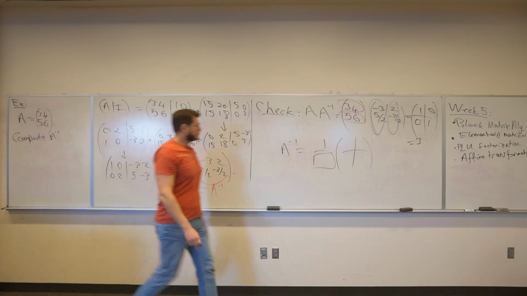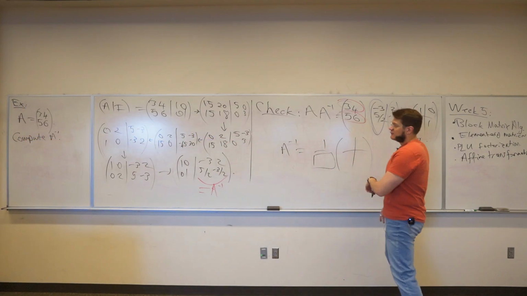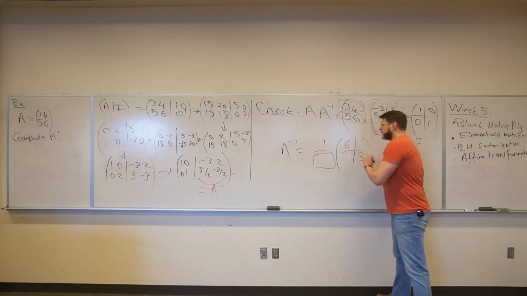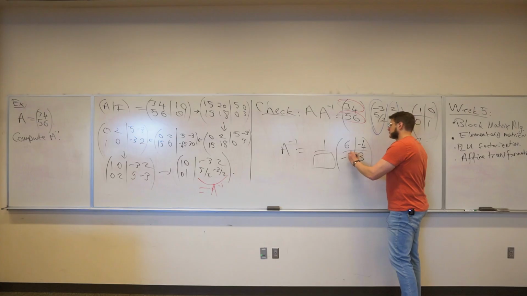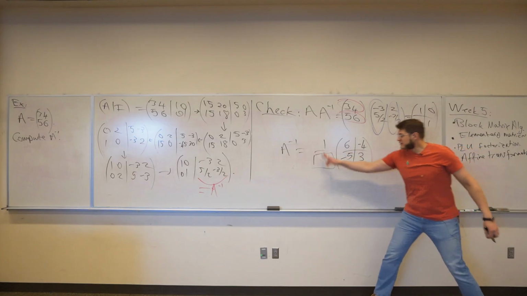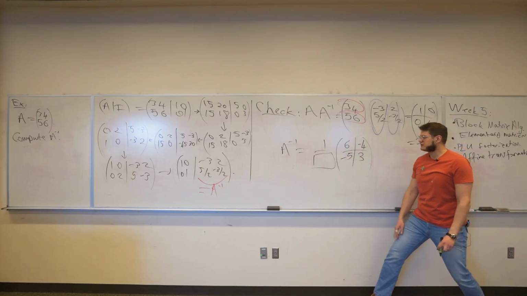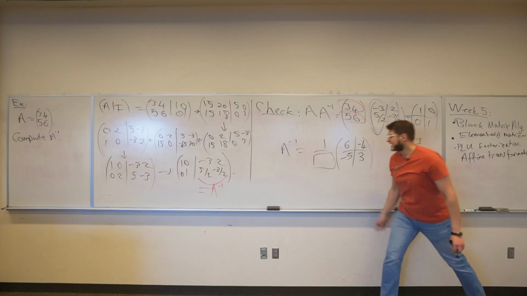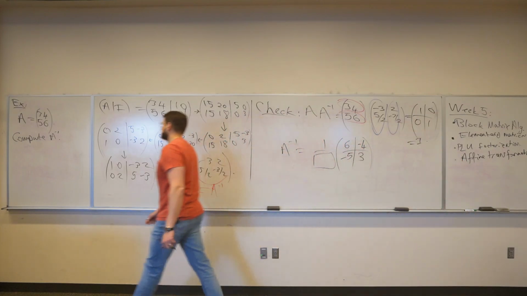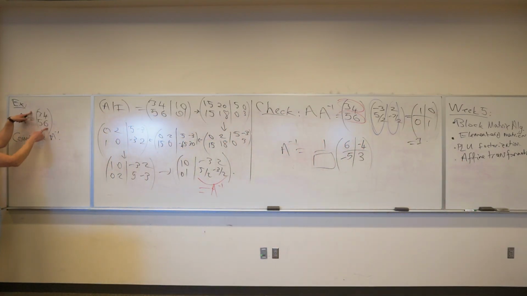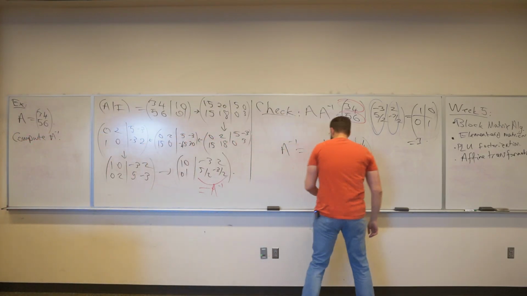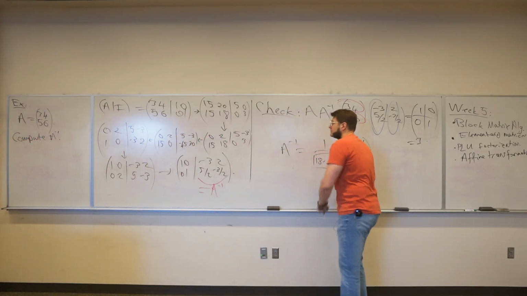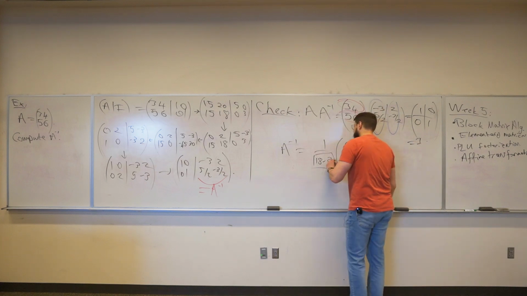So in this case, the 2 by 2 there is going to be 6, 3, flip the positions, and then the other 2 you're going to put minuses in front. But there's a 1 over some number here. You need to scale this by an appropriate number, and this is this AD minus BC business. In this case, it is this by this minus this by this. So this is 18 minus 20, so it's minus 2.